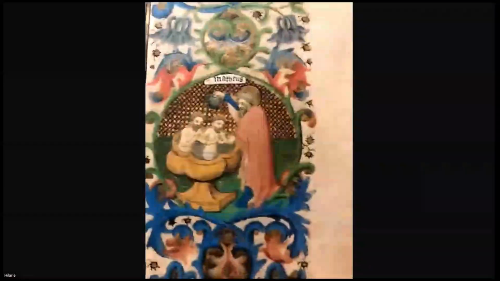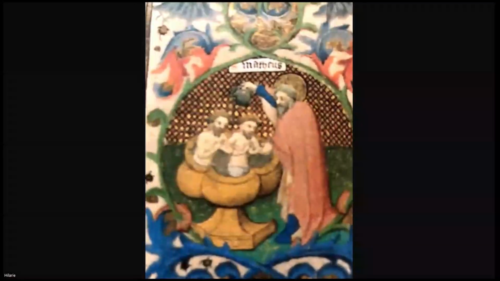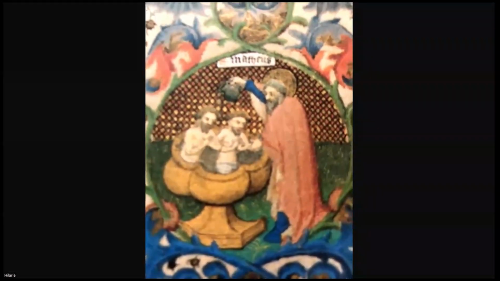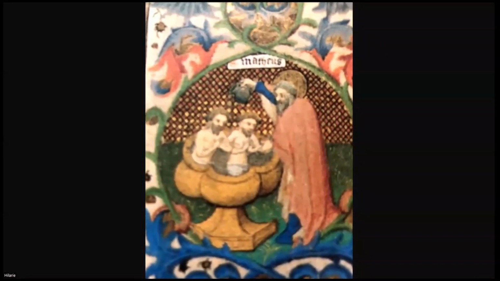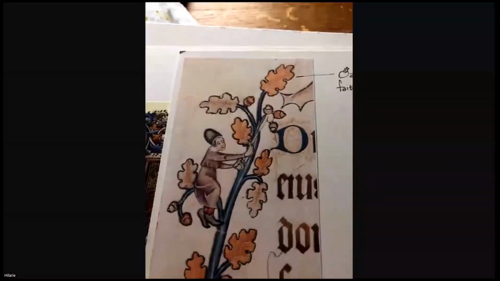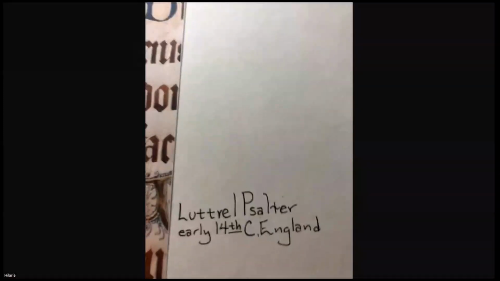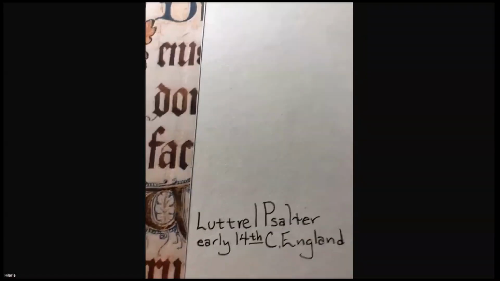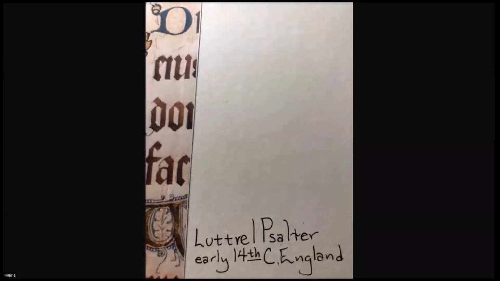We know what other ones mean. That's pretty easy to figure out. Matthew is baptizing people, little tiny men with beards. Maybe they're 12-year-olds with beards, I don't know. Now, as far as when this starts using imagery that is contemplative, some of you might recognize the Luttrell Psalter, which is early 14th century, early 1300s.